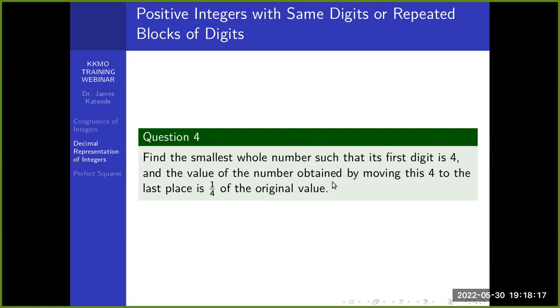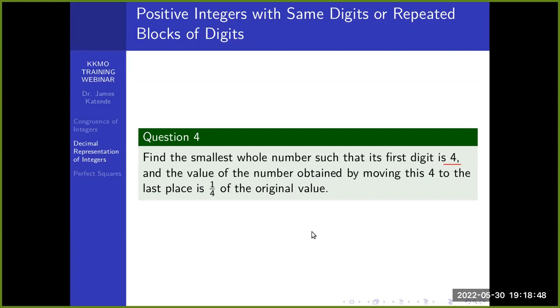So let's see if we can apply this to some questions that would be typical contest questions. The question here says, find the smallest whole number such that its first digit is 4, and the value of the number obtained by moving the digit 4 to the last place is a quarter of the original value. So you have some number whose first digit is 4, so it will have some more digits. We don't know what they are.